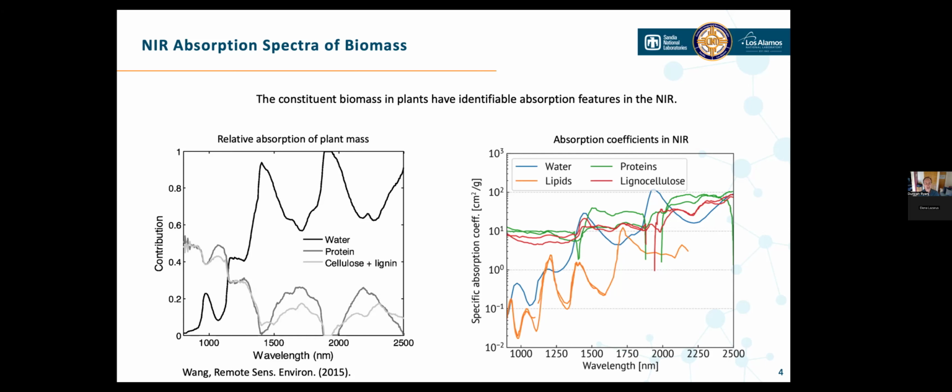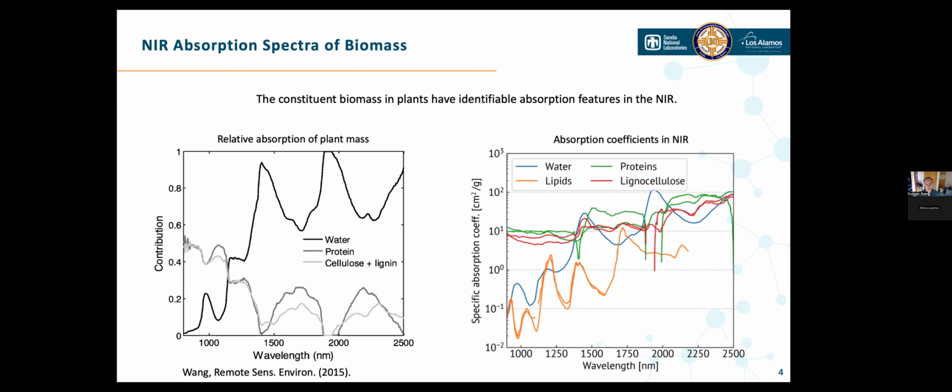And when you look at the absorption spectra within this 1 to 2 micron range, which is where I'm going to be targeting here, the various components between water and protein contribute different amounts to the absorption of the plant matter. And in particular, water takes over pretty quickly.